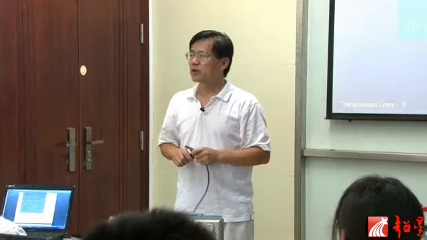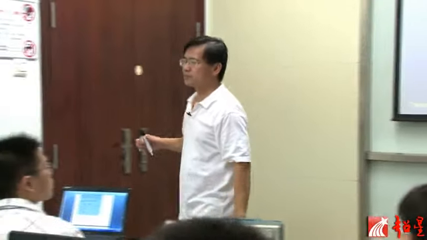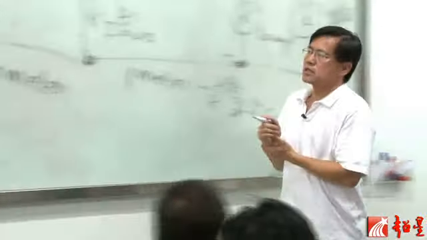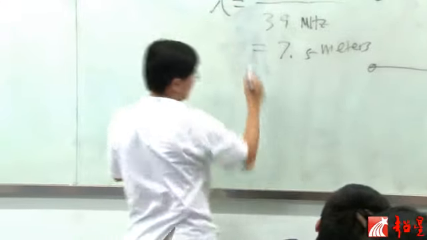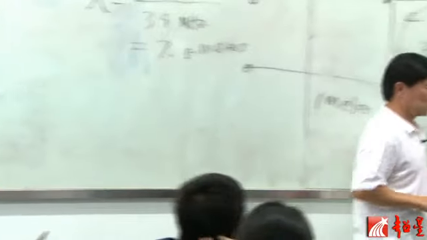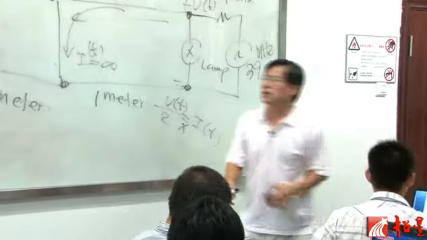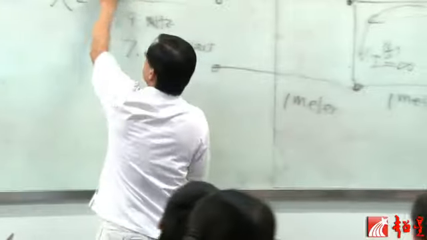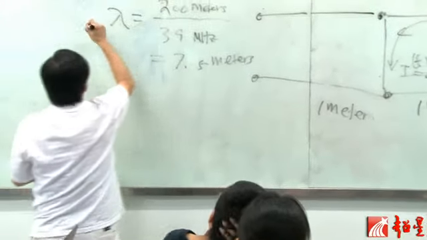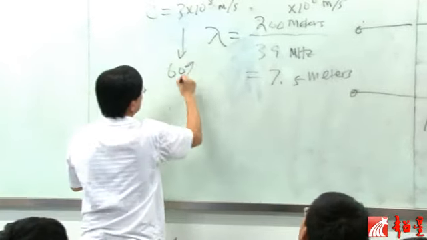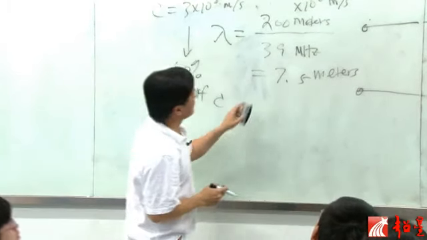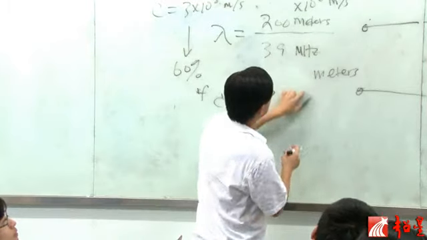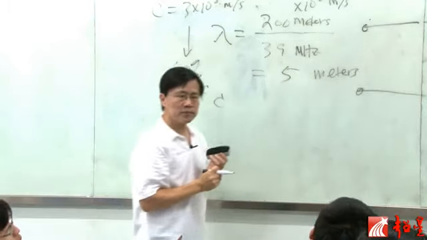So basically, let's say it's 60%. It'll be about 200 meters instead of 300 meters. So over here it's going to be 200 meters, 60% of the speed of light. And then over here it's going to be about 5 meters, right?